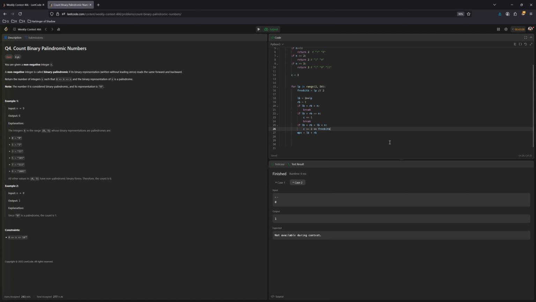So C plus equals... Now 0 should always be fine.